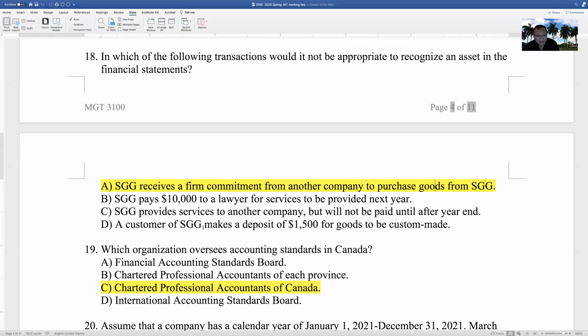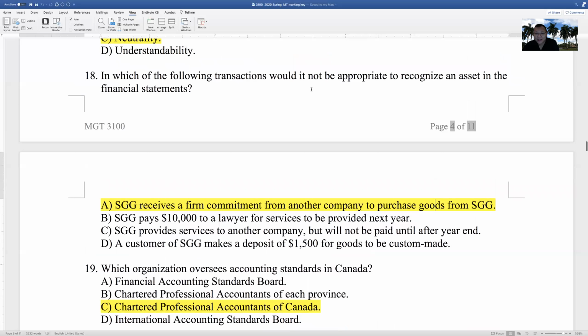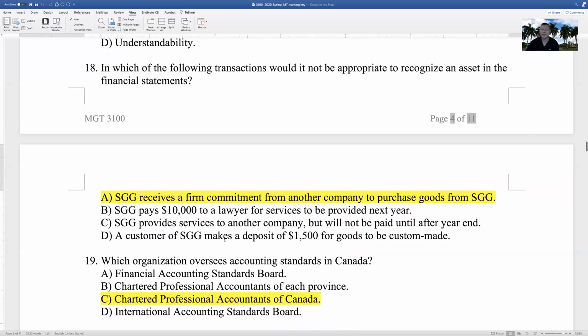D, a customer of SGG makes a deposit of 1,500 for goods to be custom made. SGG has to recognize the receipt of the cash, so you debit the cash for 1,500. You recognize the cash asset. The only one that is not appropriate is A, the firm commitment.